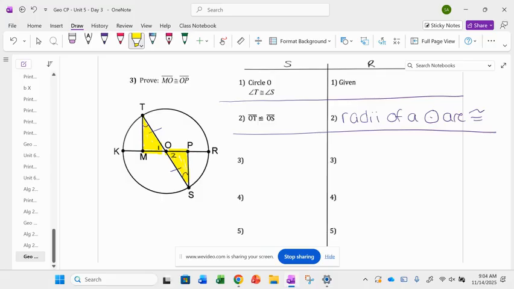So right now I have a side and an angle. We need one more thing to prove these triangles congruent. Who sees another part that we can say to prove these triangles congruent? Remember, we need side, angle, side, side, side, side, or angle, side, angle. Looking for somebody new.